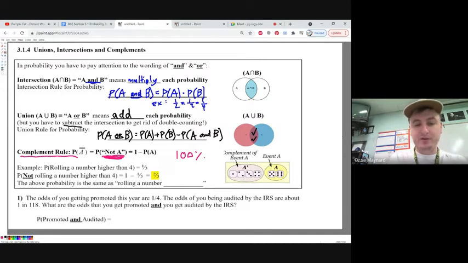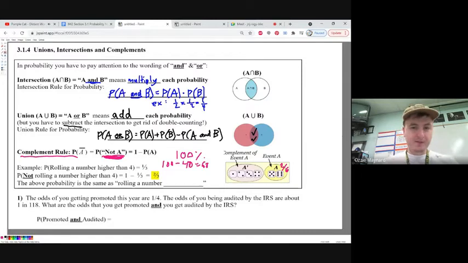That's perfect. All you had to do is 100 minus 40% equals 60. Another example of this could be the probability of rolling a number higher than 4, which is shown right there. A number higher than 4 is going to be 2 out of a total of 6, which simplifies to 1/3.